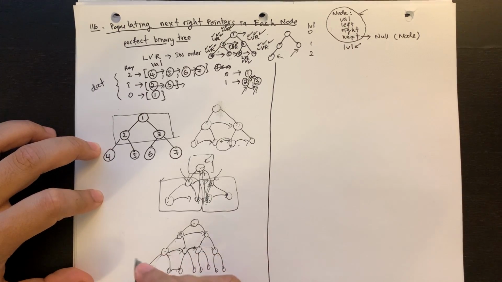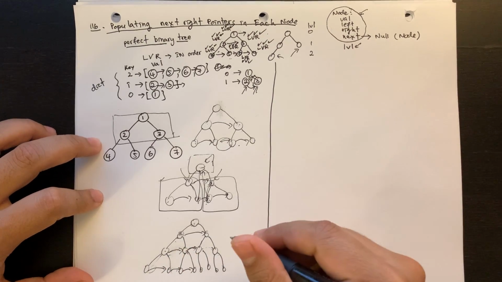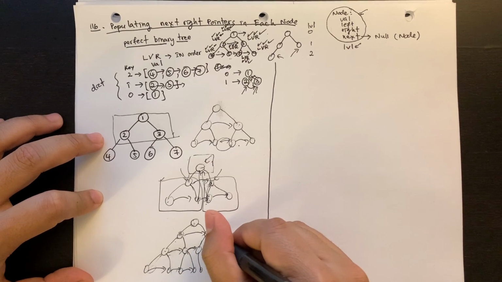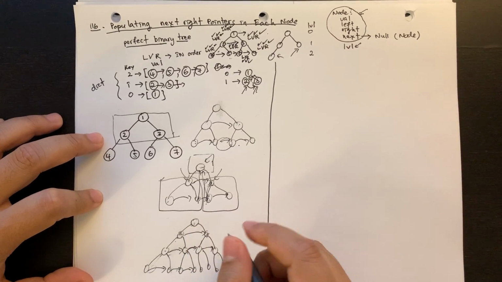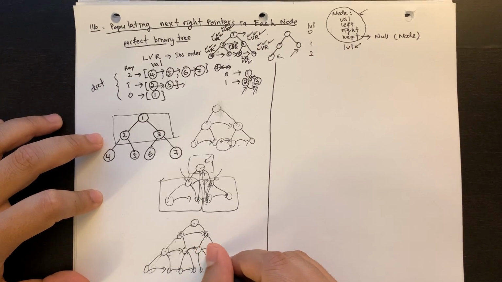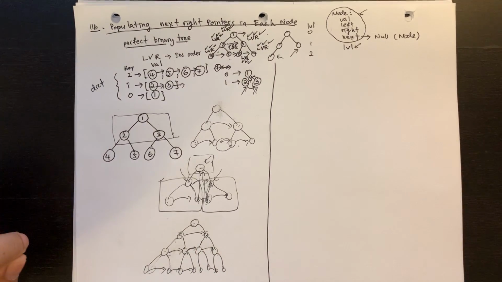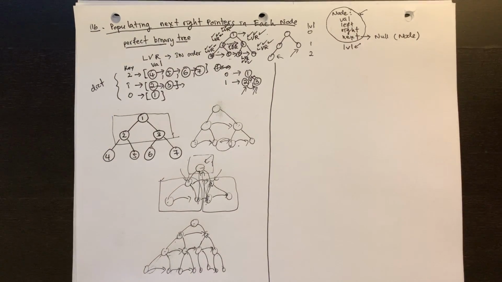And then this node has a responsibility to connect this, and this node has a responsibility to connect this. If we look at this one, this node has a responsibility to connect this, and also this. All right, this is a much better idea. Proud of myself. Wait, is there any catch?